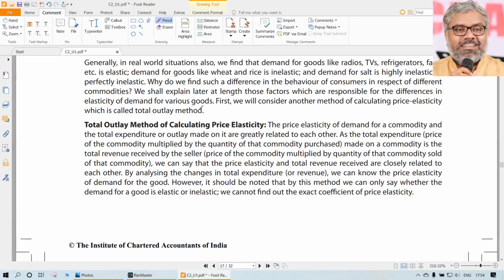We know very well that price and quantity demanded are related, and that the direction of the relationship is inverse. There is nothing new there. The point is how strongly they are related. For that we calculated some numbers, and those numbers gave us an indication of how strongly or weakly they are related.